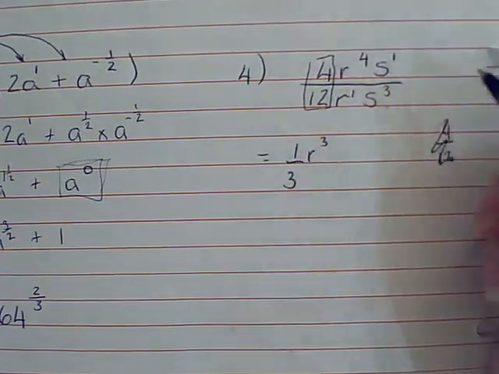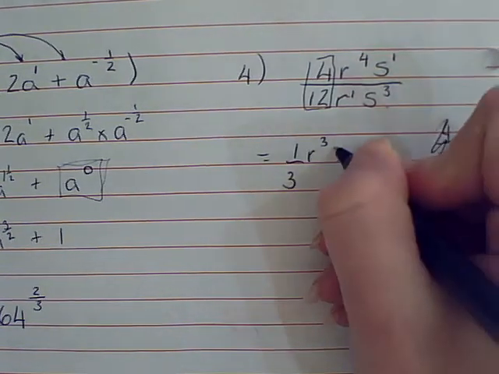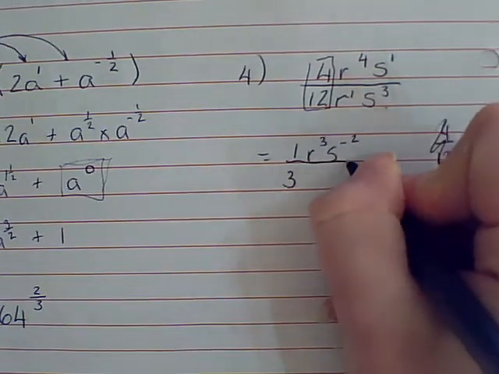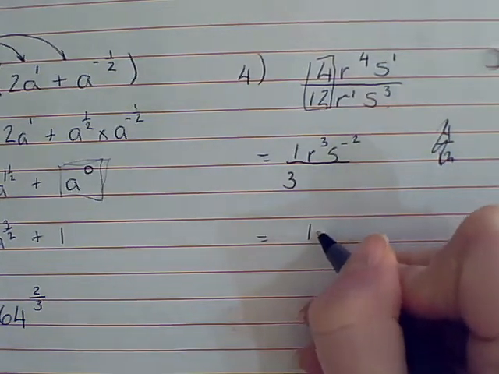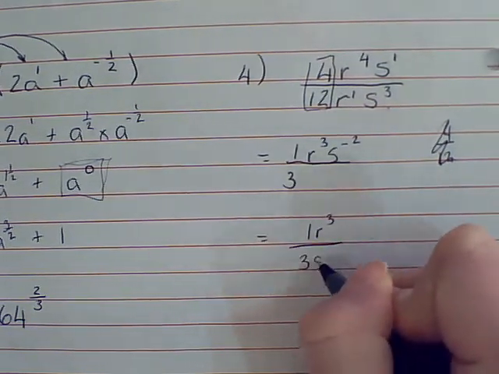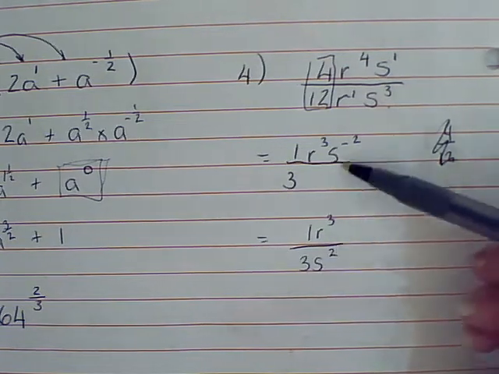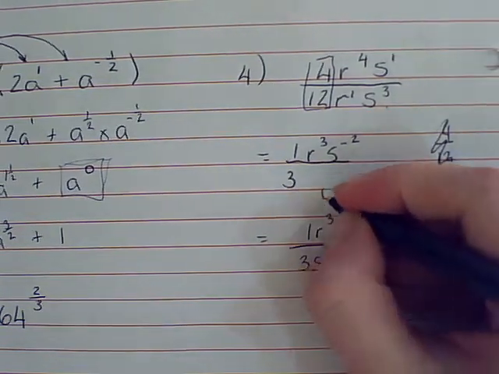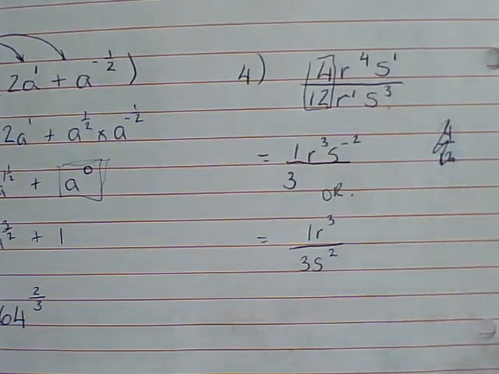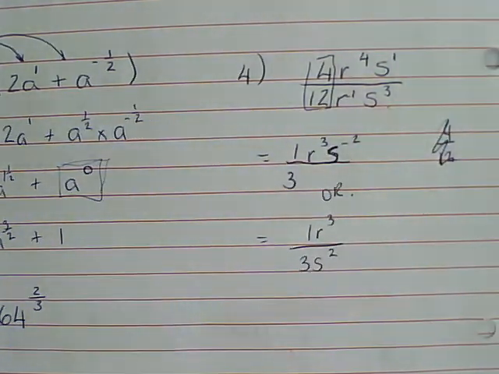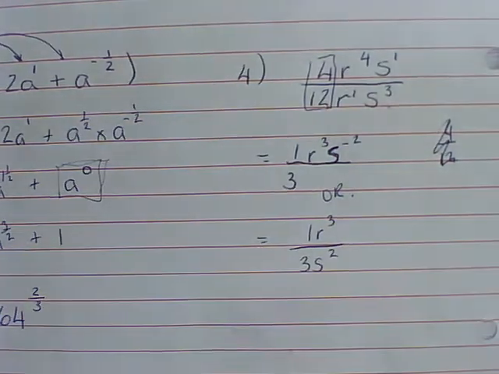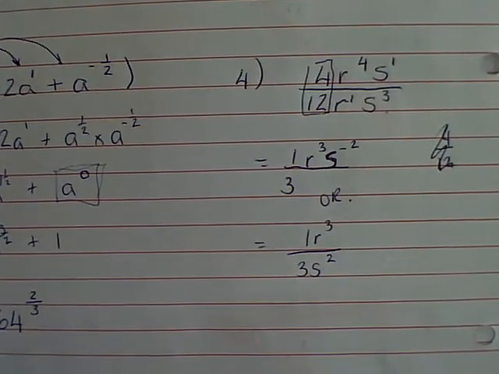Well, that's s to the 1. 1 take away 3, s to the -2. Job done. We can, if you want, write that as 1r cubed over 3s squared. It's the exact same. Apologies, my s's look like 5s. Tell I'm a mathematician.